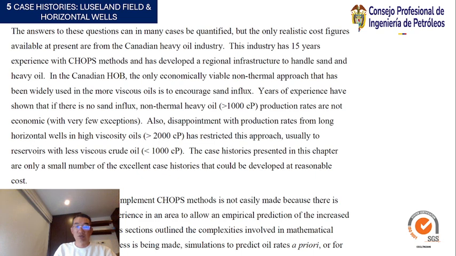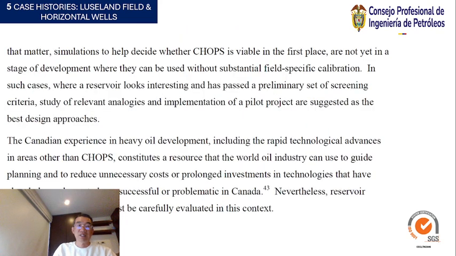Although great progress is being made, simulations to predict oil rate, or for that matter, simulations to help decide whether CHOPS is viable in the first place, are not yet at a stage of development where they can be used without substantial field-specific calibration.